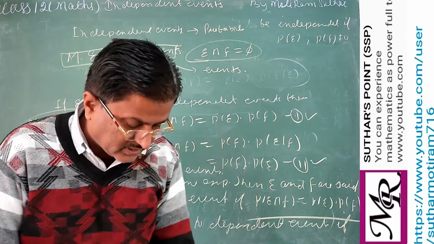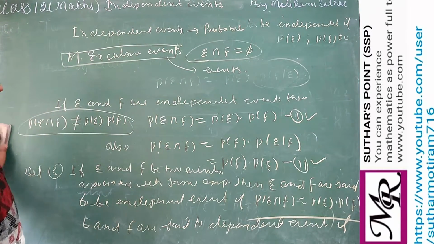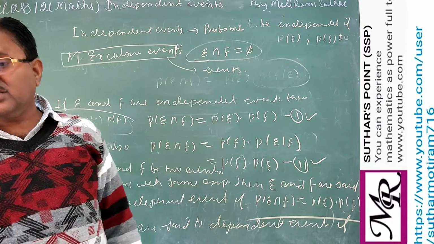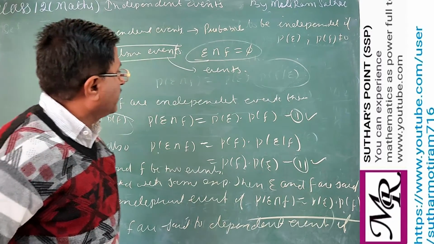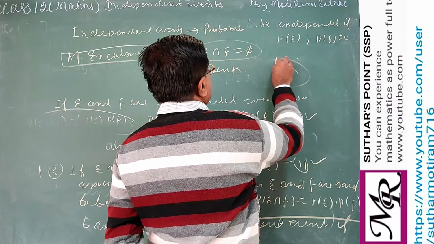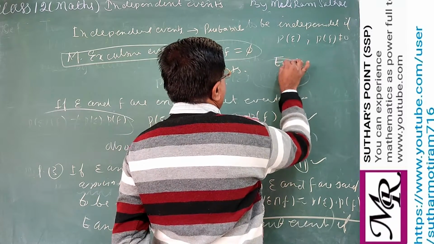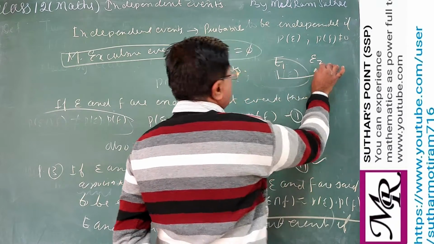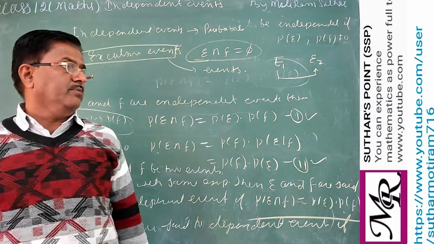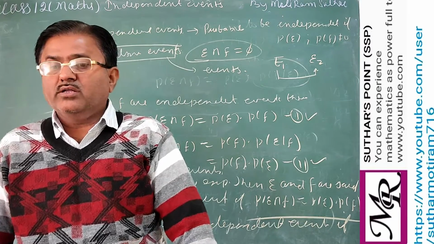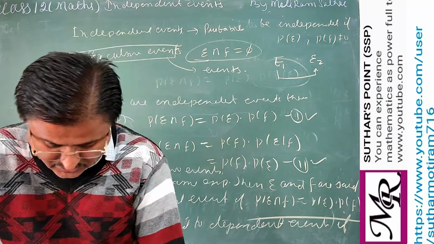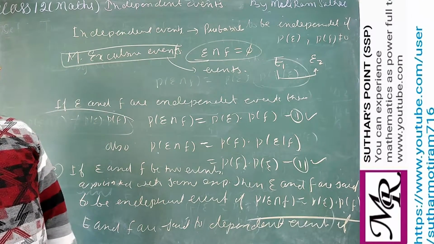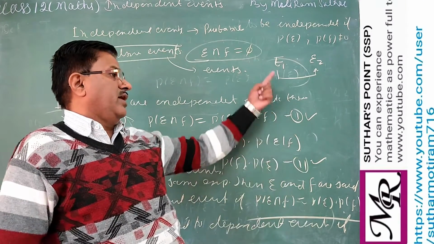Now one more point: two experiments are said to be independent. Suppose we are given two experiments E1 and E2. Either they are independent or not. How can we check? We take two events associated with the experiments.